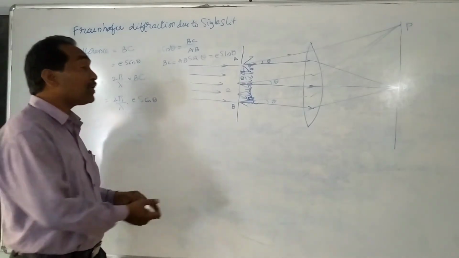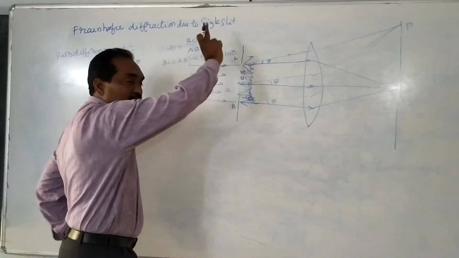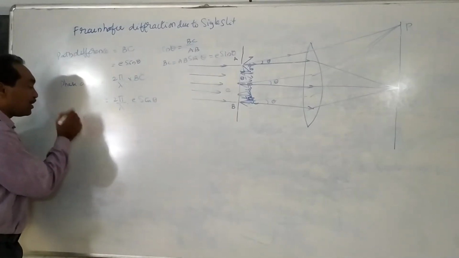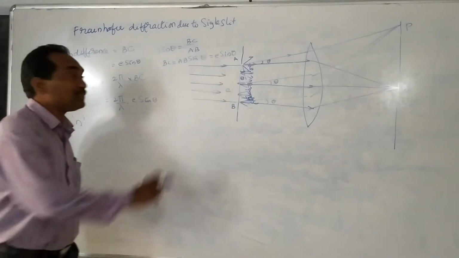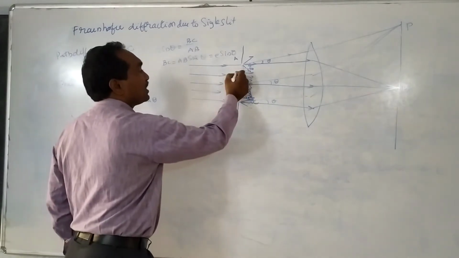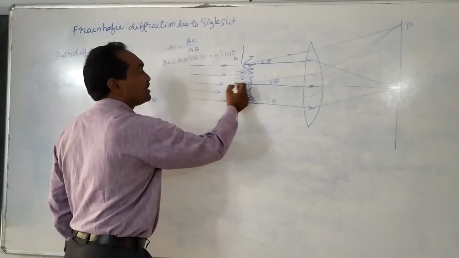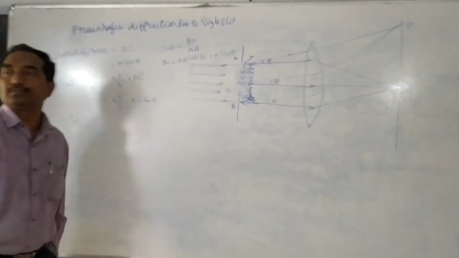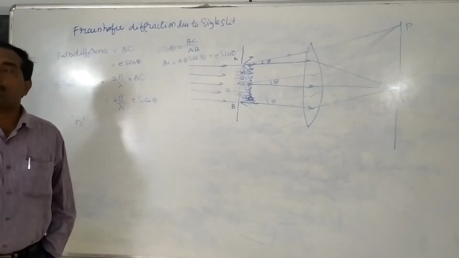But there are a number of rays passing through the slit. Of course, there may be n rays, where small n is the number of rays passing through the slit. This is one ray, this is one ray, this is one ray; different rays are passing normal to the slit. Now what do I require?